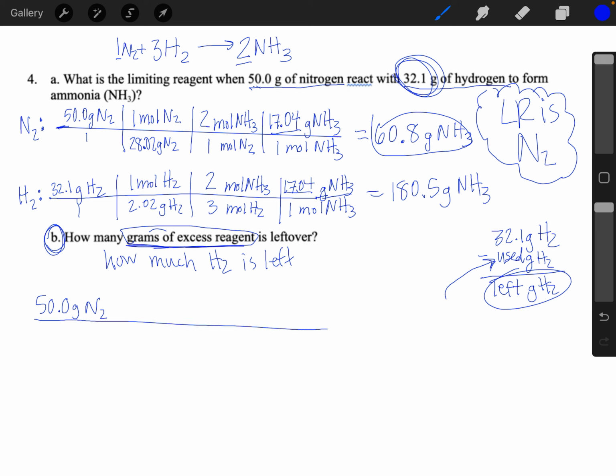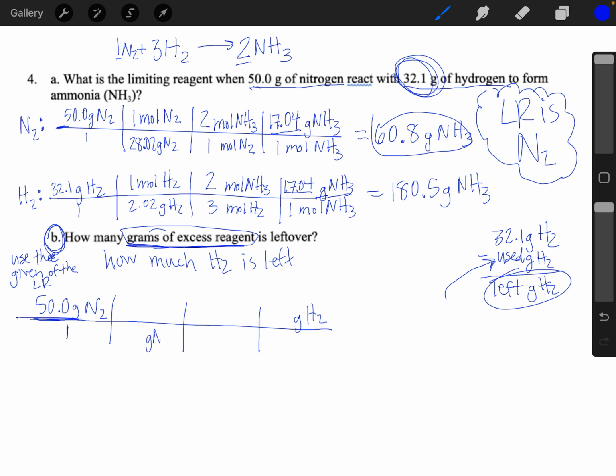So anytime you're asked to find the excess leftover, you're going to use the given of your limiting reagent. If you need to write a note for yourself, use the given of the LR. What you're going to calculate is how much H2 it took to react with this much, so I want to get myself to grams of H2.